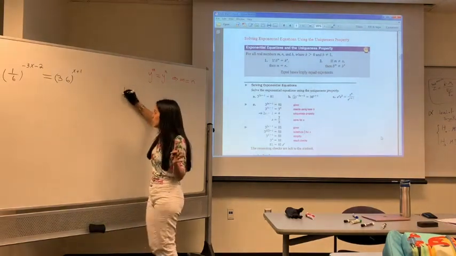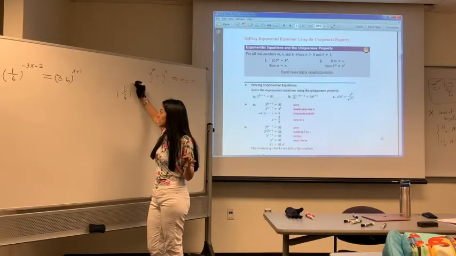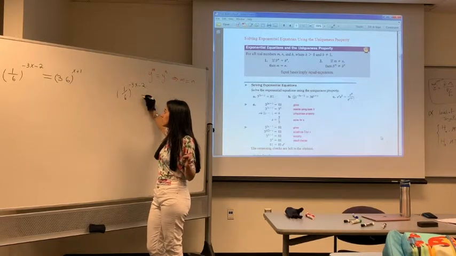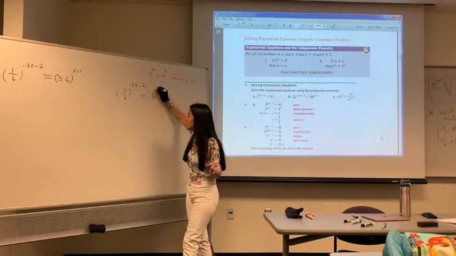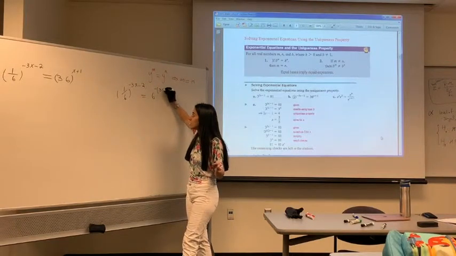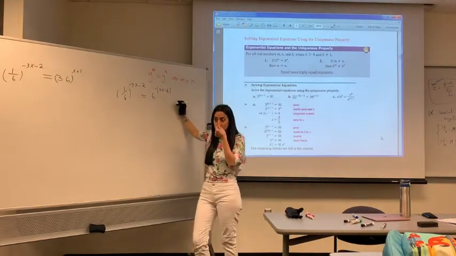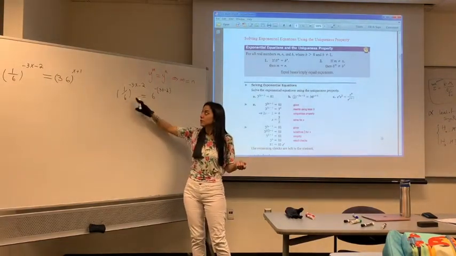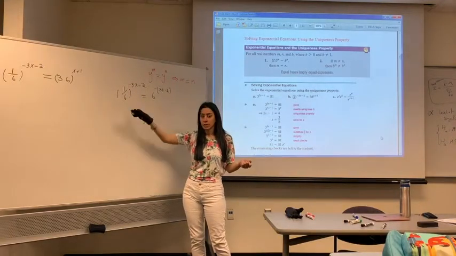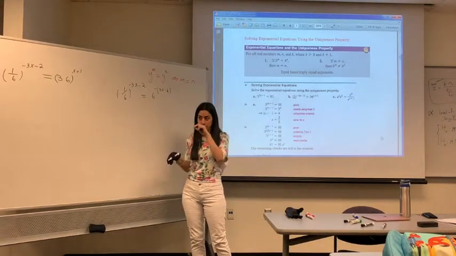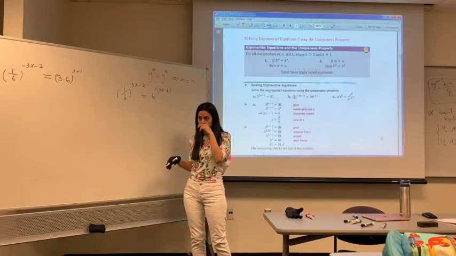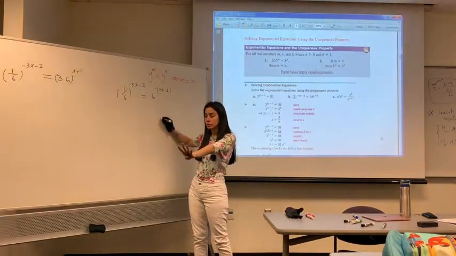Because 1/6 power negative 3x minus 2 is equal to 6 power negative of negative 3x minus 2. Am I right? Now we should know that. Reciprocal of this one, change the power to negative or positive, different sign, right? So let's look at this.